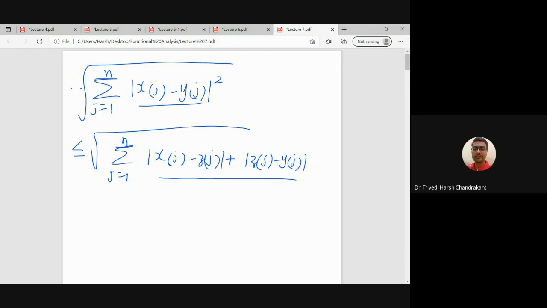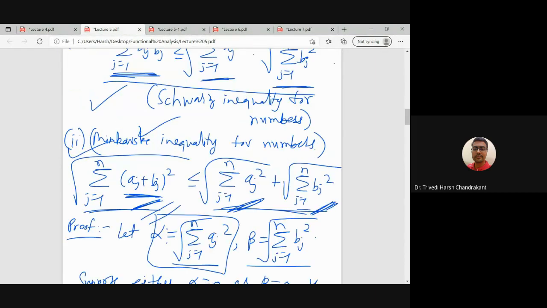So therefore its square is less than or equal to this square. And then we can take summation and square root on both sides. So we get this term, and then we can again use the Minkowski inequality, right?